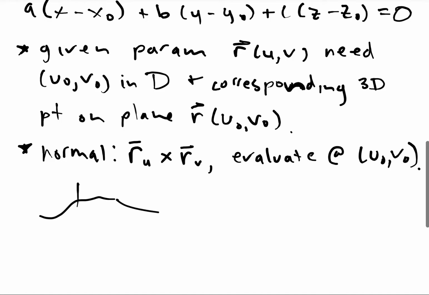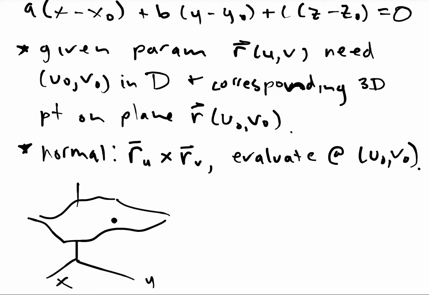If I have my surface and I've got my point of tangency that I'm interested in taking this plane at, when you take that partial with respect to the u component, you're going to get some sort of tangent vector to your surface at your point of tangency. If you do the same thing with your v vector, you are going to get another vector that is tangent to your surface at your point of tangency.